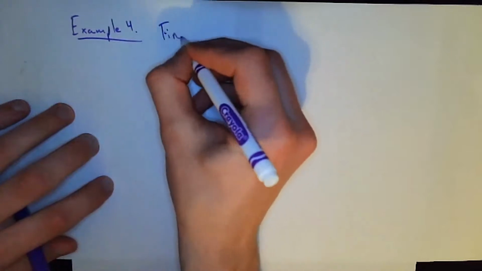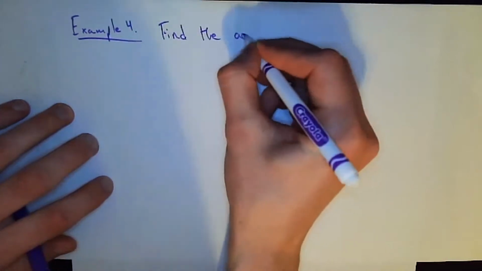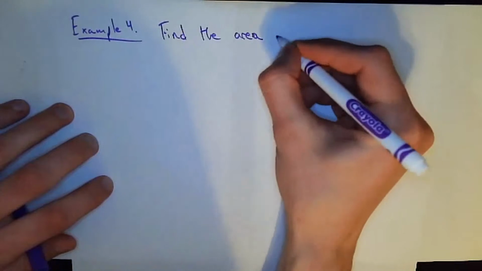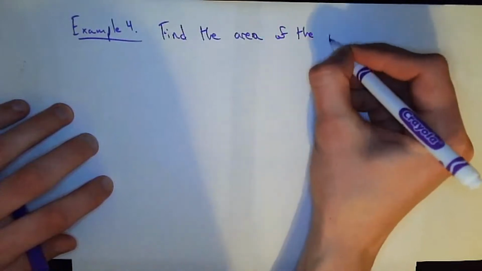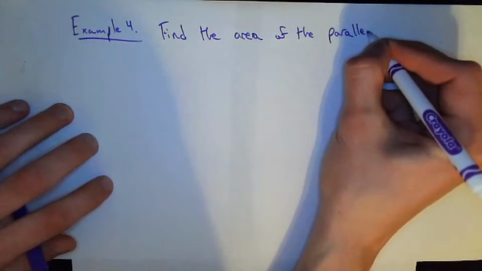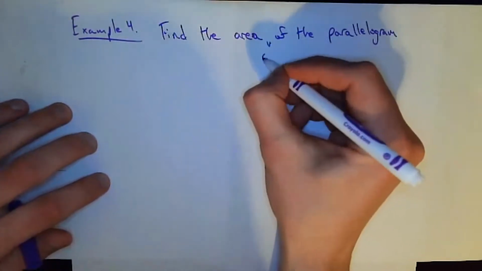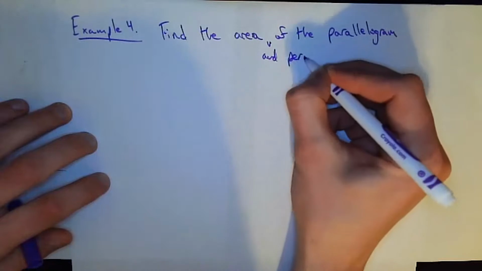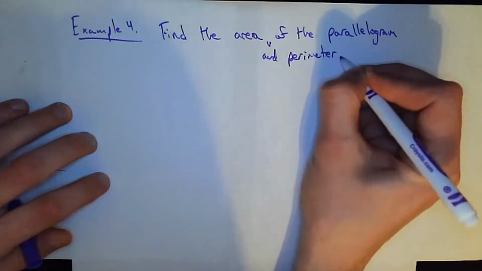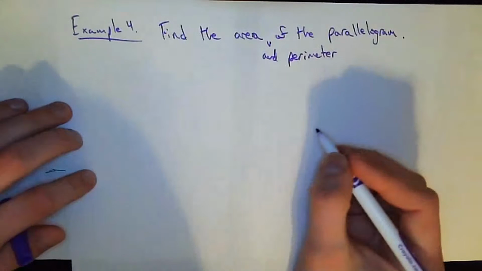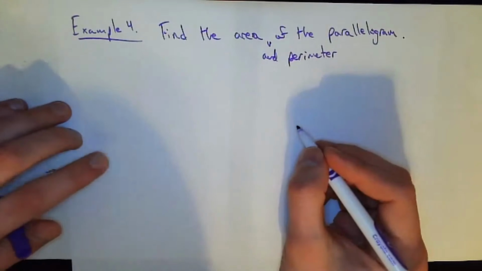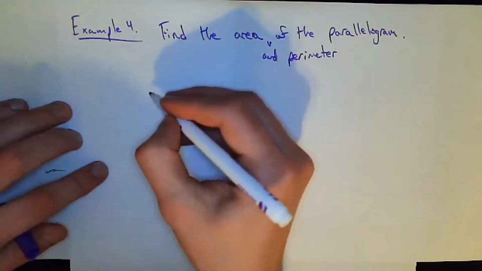Sorry, I was just reading the example. Find the area of the parallelogram. I'm going to say find the area and perimeter. Why not? And I've got to draw it for you.